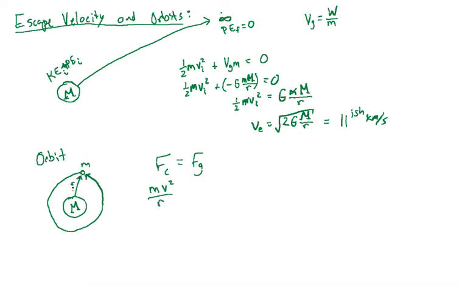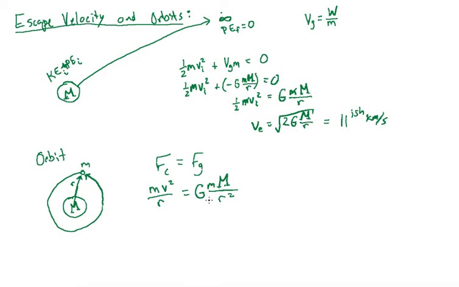And then the gravitational force is G little m big M, the mass of our planet, our central object, over our distance away from the center. Actually, this really should have been drawn coming from the center, not from the surface of the planet.